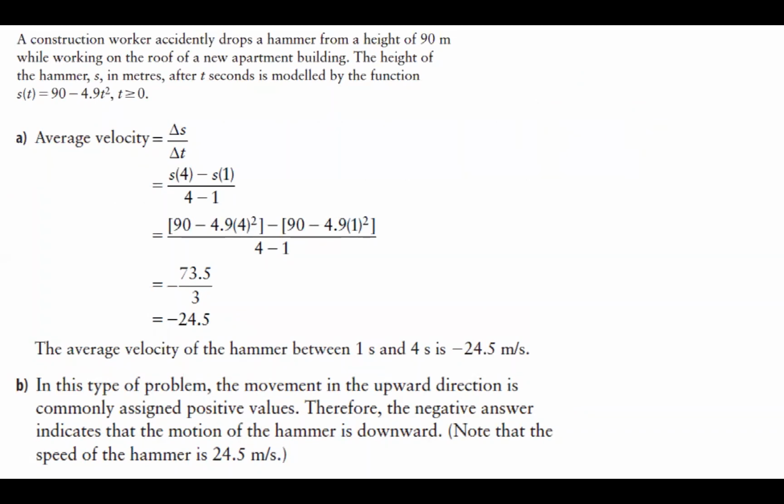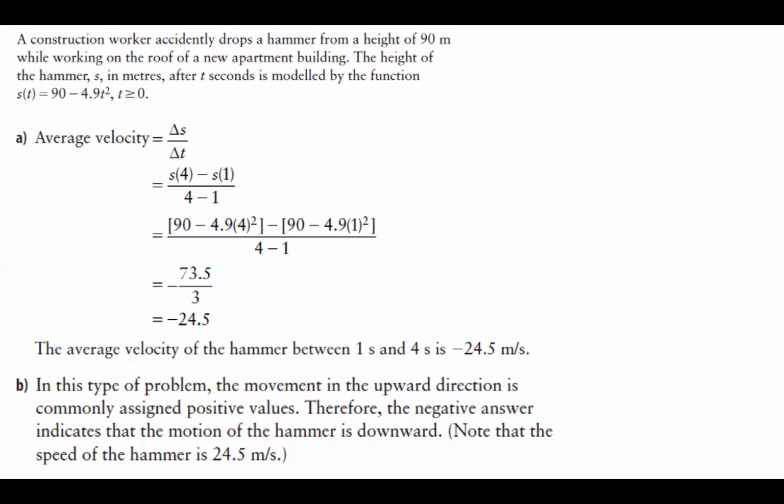So you can simply put t equals 4 and t equals 1 back into the s(t) equation. The average rate of change is negative 73.5 over 3, which gives us negative 24.5. Therefore, the average velocity of the hammer between 1 second and 4 seconds is negative 24.5 meters per second.